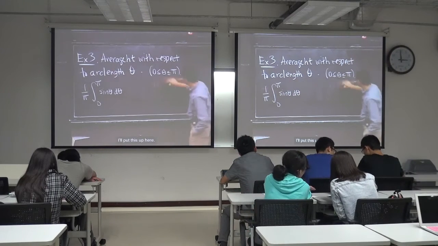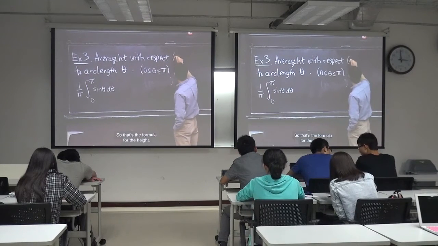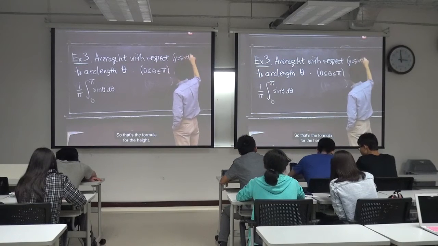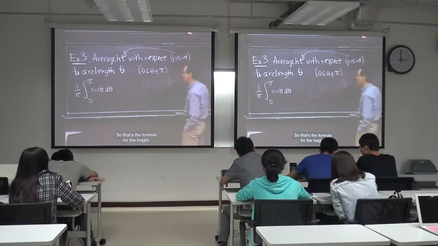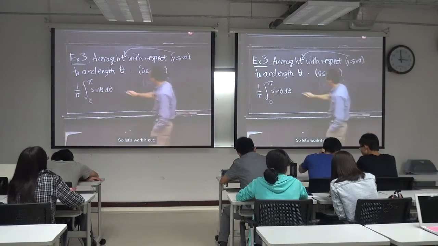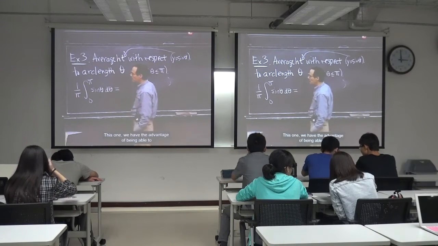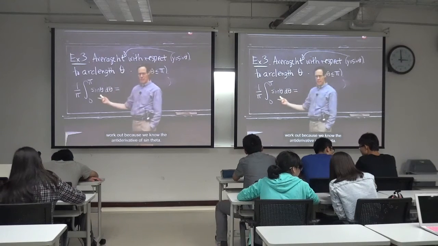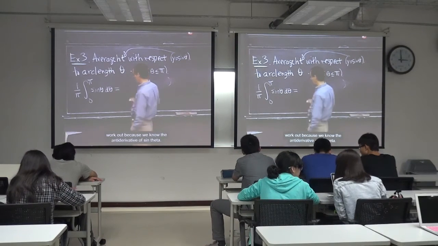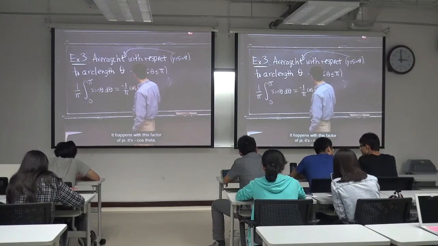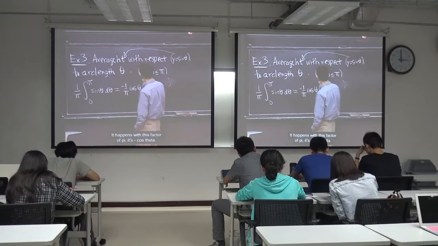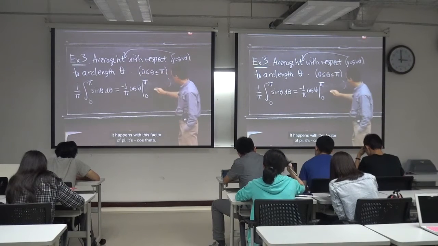Okay, so here, that's the formula for that. All right, so let's work it out. This one, we have the advantage of being able to work out because we know the antiderivative of sine theta. It happens with this factor pi, it's negative cosine theta. Right?